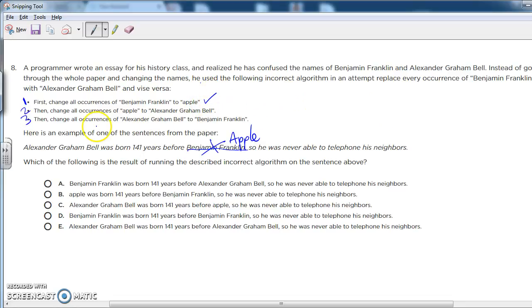Now let's look at the second line of code. Then change all occurrences of Apple to Alexander Graham Bell. Let's read the sentence now. Alexander Graham Bell was born 141 years before Apple, so he was never able to telephone his neighbors. The second line of code says to change Apple to Alexander Graham Bell. So now this word is Alexander Graham Bell.